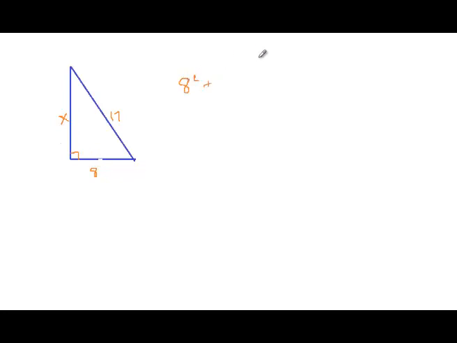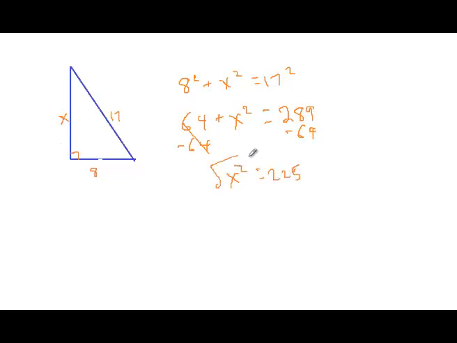So 8 squared plus X squared equals 17 squared. 8 squared is 64 plus X squared equals 17 squared, which is 289. Subtract 64 from each side to isolate the X squared, basic algebra. X squared equals 225, and you take the square root of each side, and X equals 15.